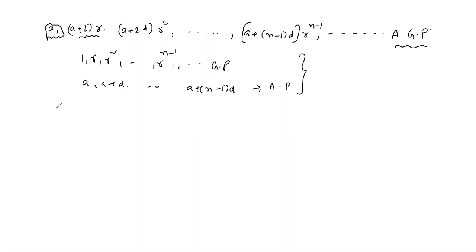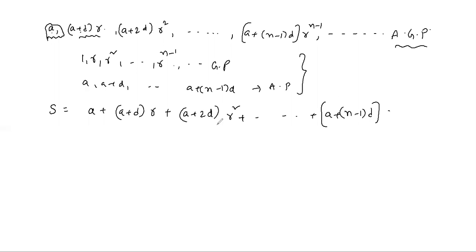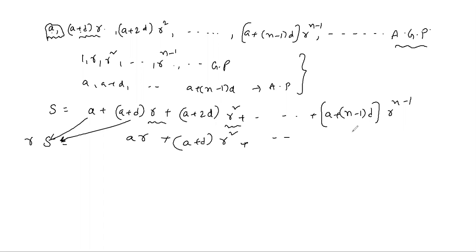Whatever S you take, S equals A plus (A plus D)R and so on. You take the given sequence as S, whether it is n terms or infinite terms, you take the first sum as S. Next, you multiply with the common ratio R, and you write from the second term: AR, (A plus D)R square, and like this you get A plus n minus 2 into D into R power n.